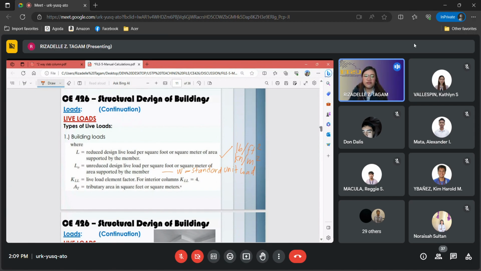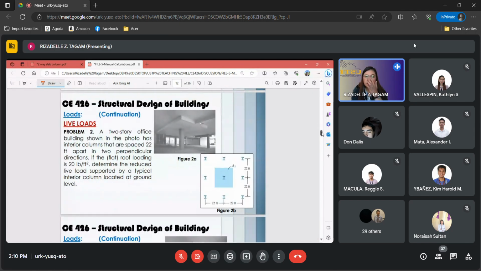And live load element factor, the K sub LL. For interior columns, it's 4. Taganang tamang table na siya. For beams, for interior beams, for cantilever beams, naay value ang live load element factor. So, A sub T is tributary area in square feet or square meter.